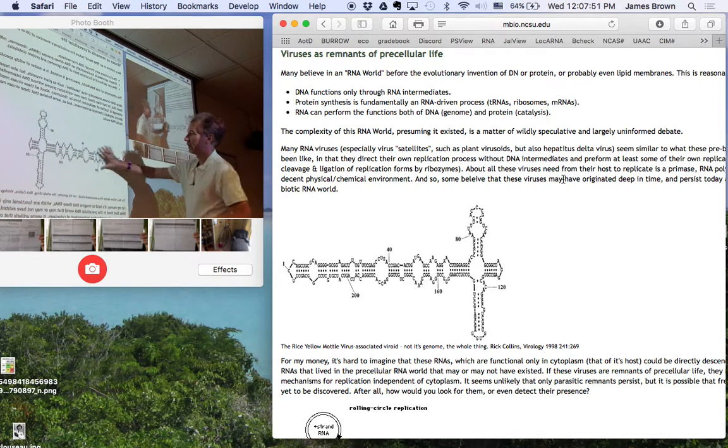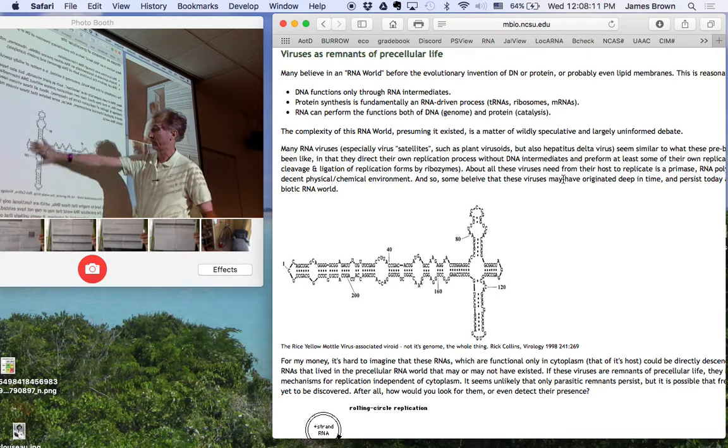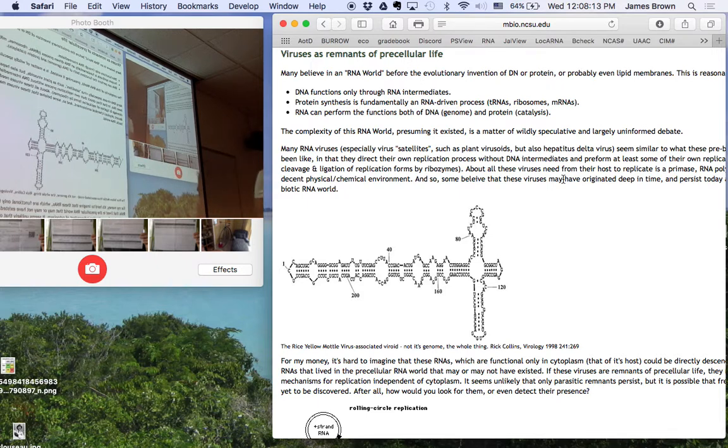And so here's the rice yellow mottle virus-associated viroid. This is one of these viruses of viruses. That's not the genome of this thing. That's the whole thing. Right there. There's no capsid, no accessory factors. That's it. The whole thing. Just a little over 200 nucleotides, and it folds up on itself, and that's it.